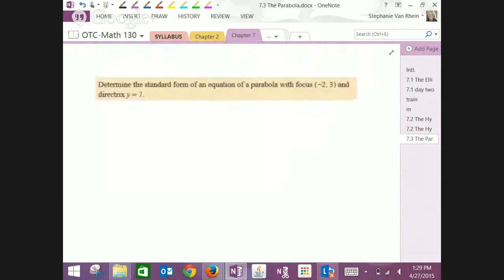So very similar on the next example, except P is 2. In this case, it'd be minus 2 because you want to focus down.